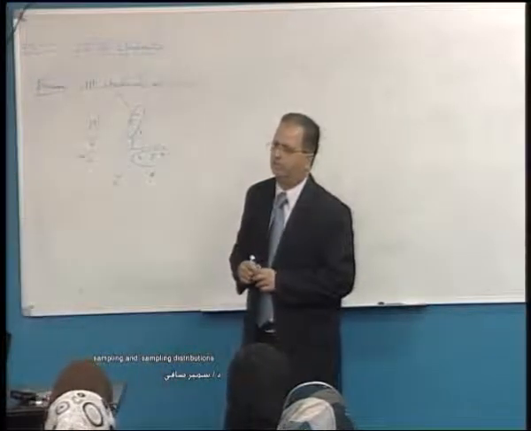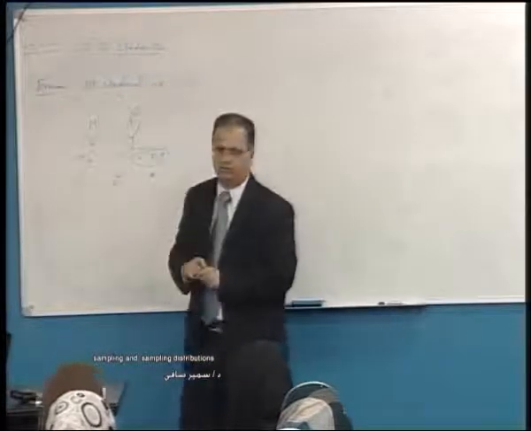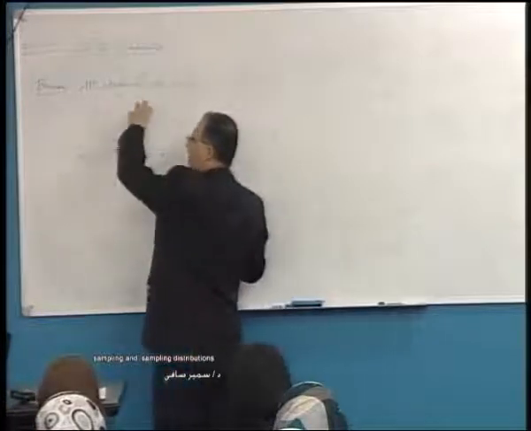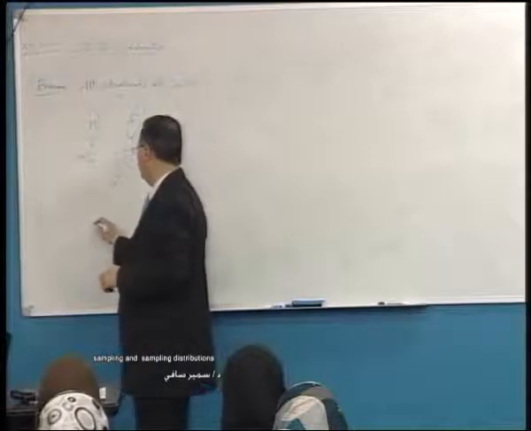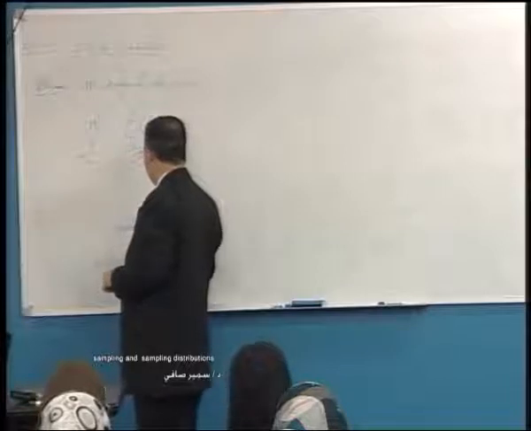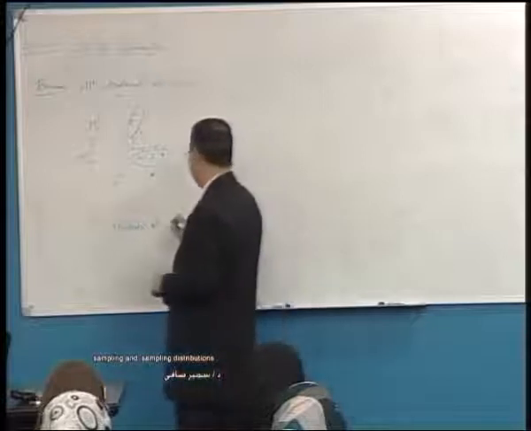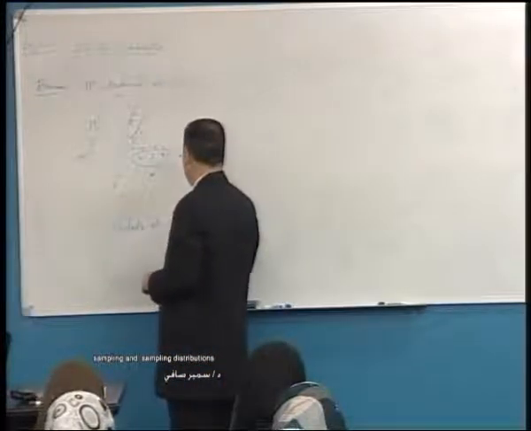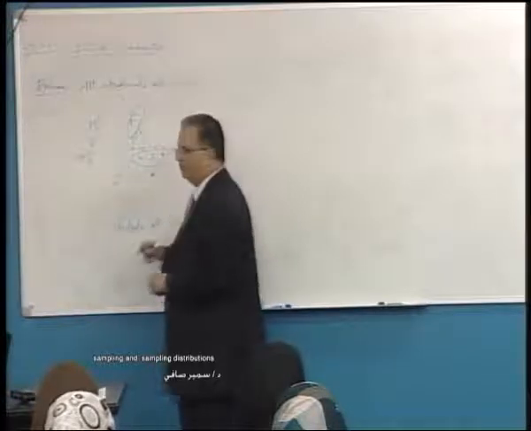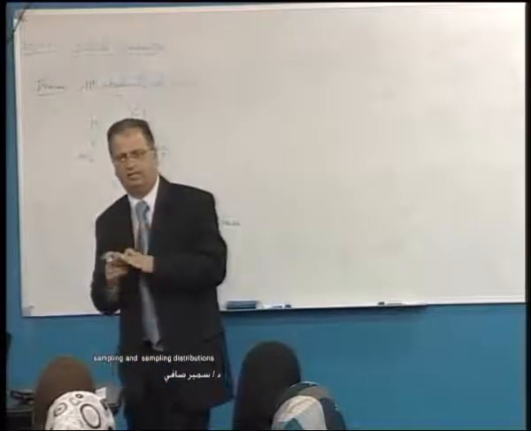For example, suppose again I am interested in IUG students, and I took the frame that has all students at Universities of Gaza. And as we know that Gaza has 3 big universities: Islamic University, Al-Azhar University, and Al-Aqsa University.